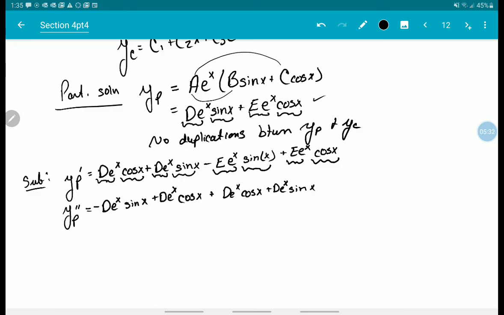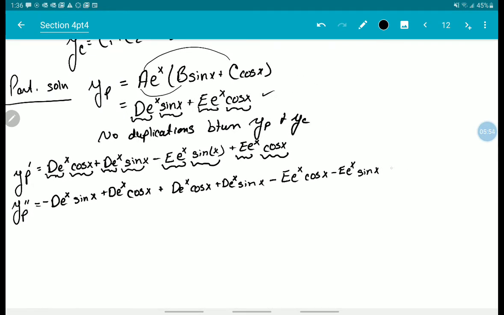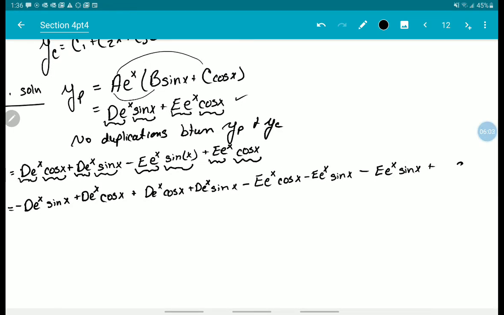Moving on to the third term, first derivative of the second plus second derivative of the first. And then the last one, first one derivative of the second plus second derivative of the first.